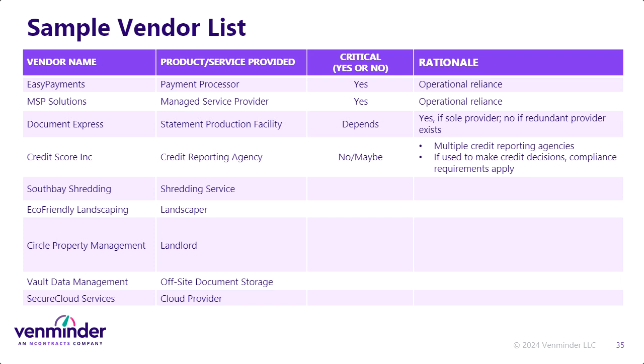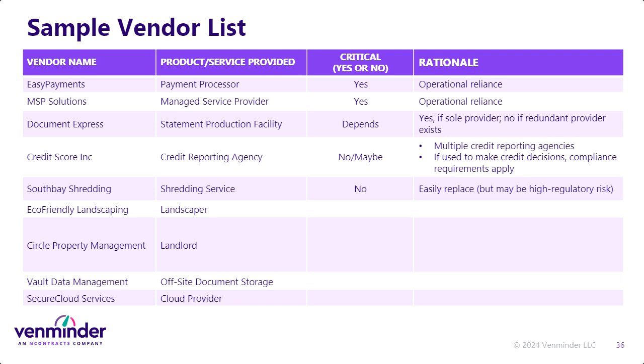But maybe the organization is using Credit Score in combination with multiple agencies to make those decisions about a customer's credit. That financial institution could face a situation where Credit Score Inc. suddenly shuts down or experiences an outage, and they could still rely on those other agencies to perform that business function. So in that case, it wouldn't be considered critical.